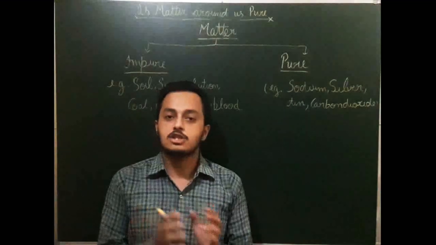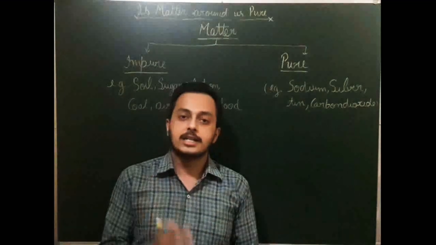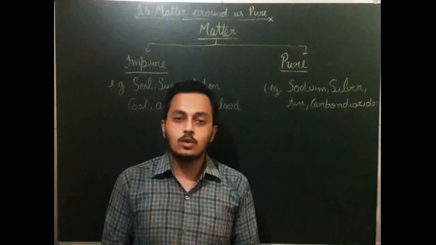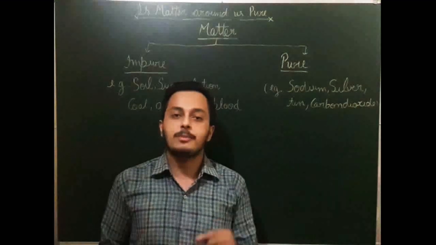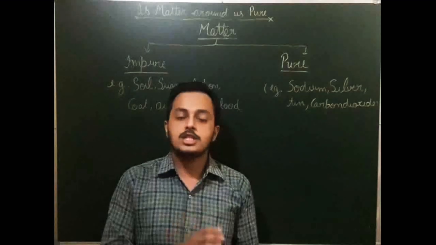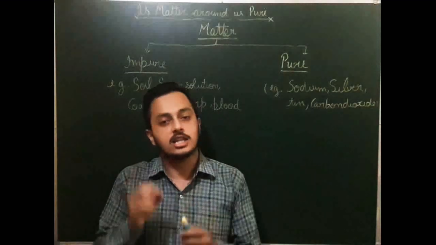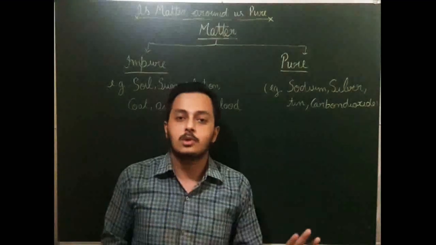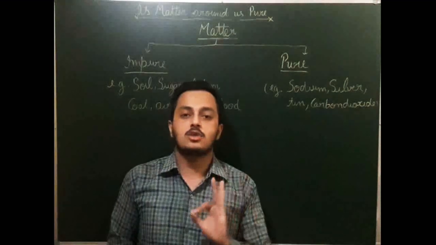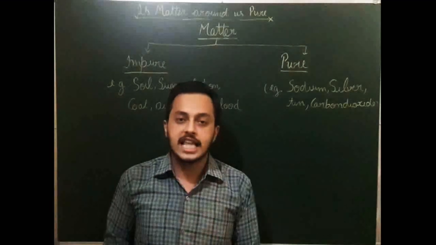One scientist named John Dalton broke the particles down further. He told that these particles are also made up of very small particles which cannot be further broken down. That smallest particle is called an atom. What did he call it? Atom.